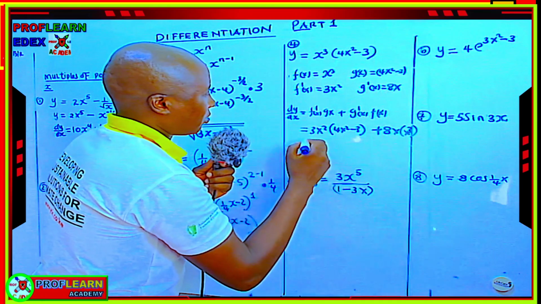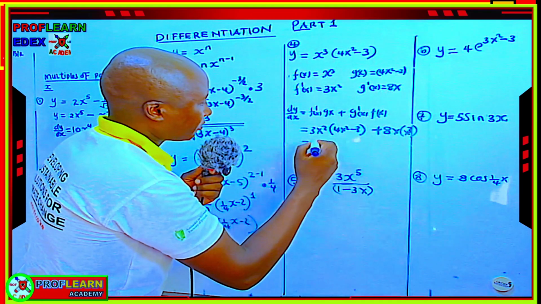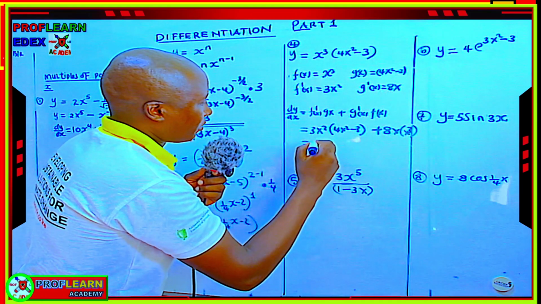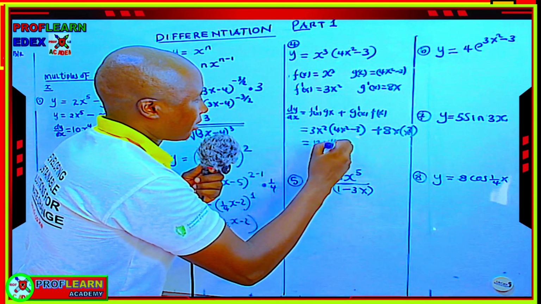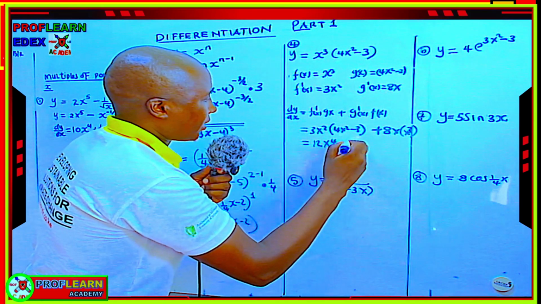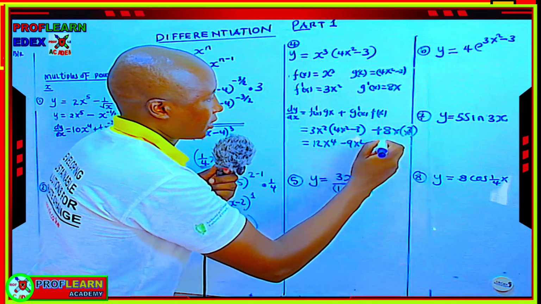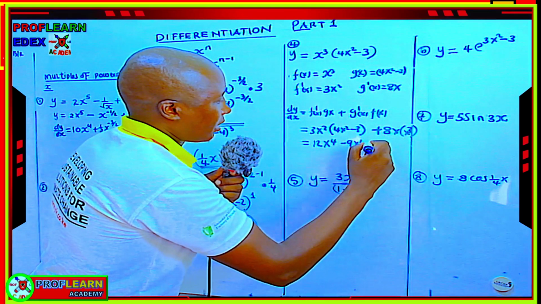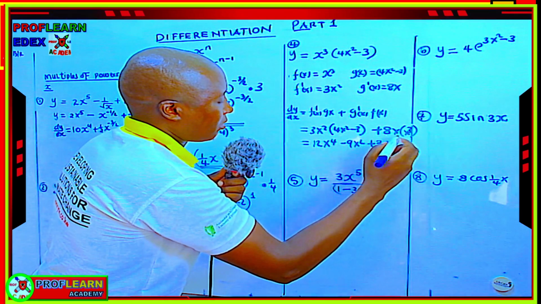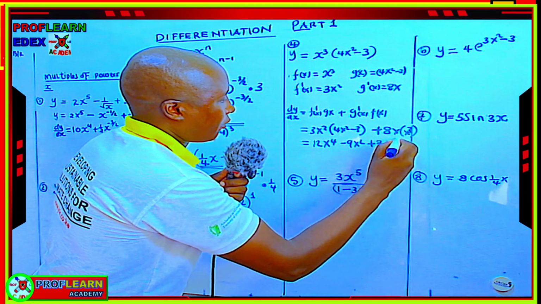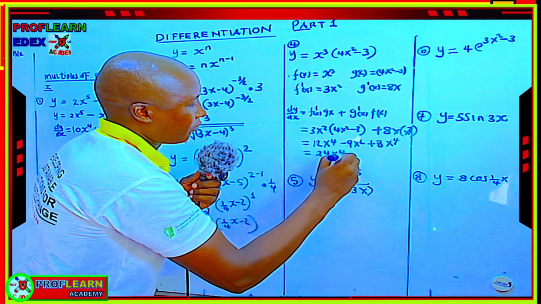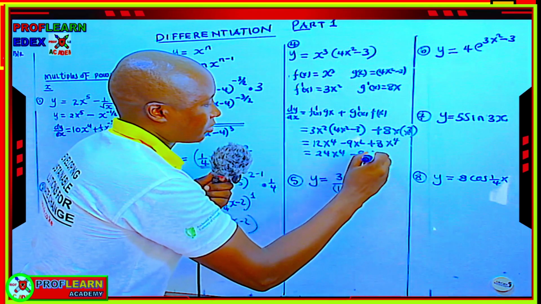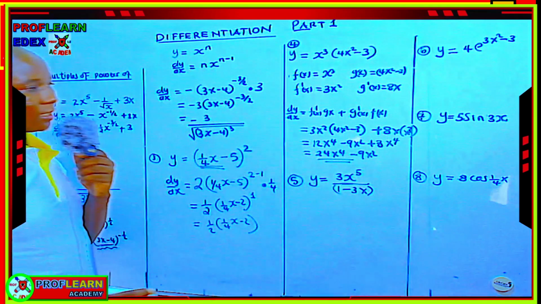And then this is going to be equal to, you can multiply here, we are going to get 12x^4 minus 9x squared. This time this is going to be plus 8x^4, right? So this is going to translate to 24x^4 minus 9x squared as the answer to that.